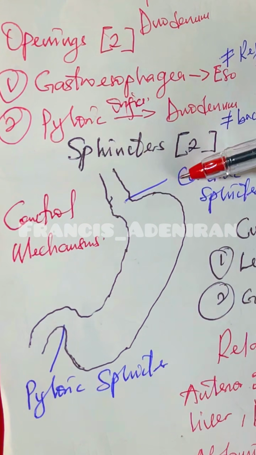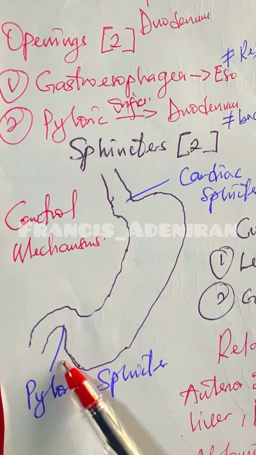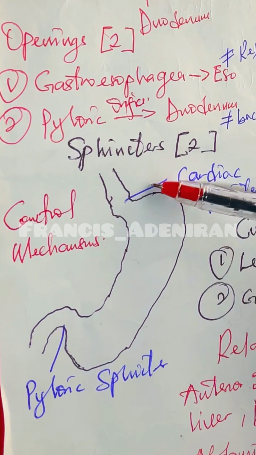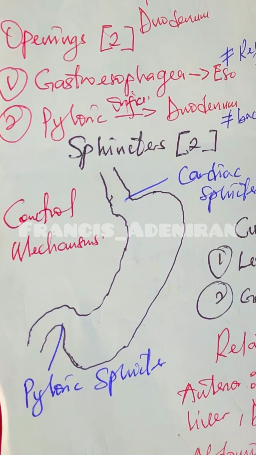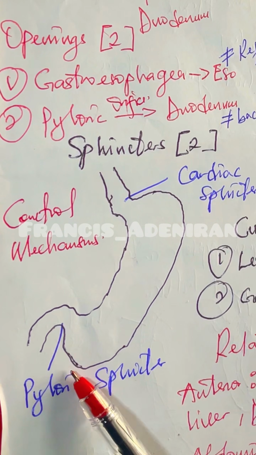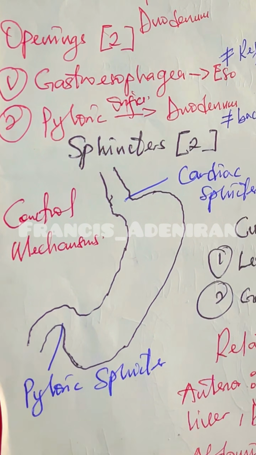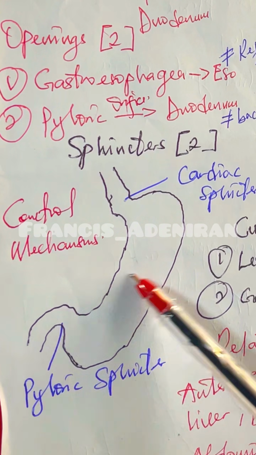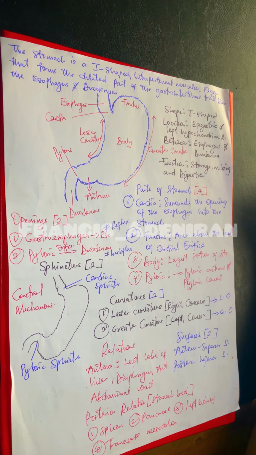The first one is the cardiac sphincter, while the second one is the pyloric sphincter. The cardiac sphincter prevents backflow of the gastric contents into the esophagus, while the pyloric sphincter controls the backflow of contents from the duodenum into the stomach.